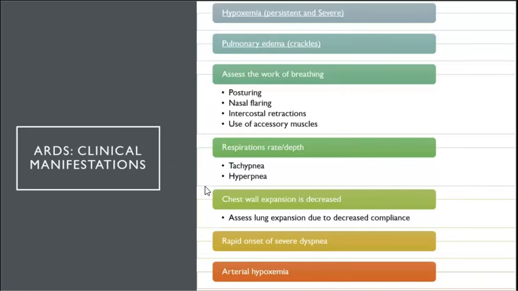So, your clinical manifestations. What does acute respiratory distress look like? You're going to have hypoxemia even when you give them 100% oxygen. You could hear crackles, surfactant decreases, fluid is building up. Increased work of breathing. So what does that patient look like? They're probably posturing, maybe hunched over in the tripod position, nasal flaring, retractions, and changes in respiratory rate and depth.